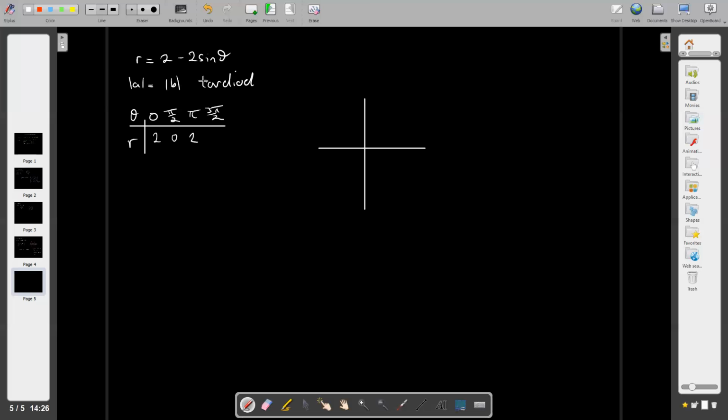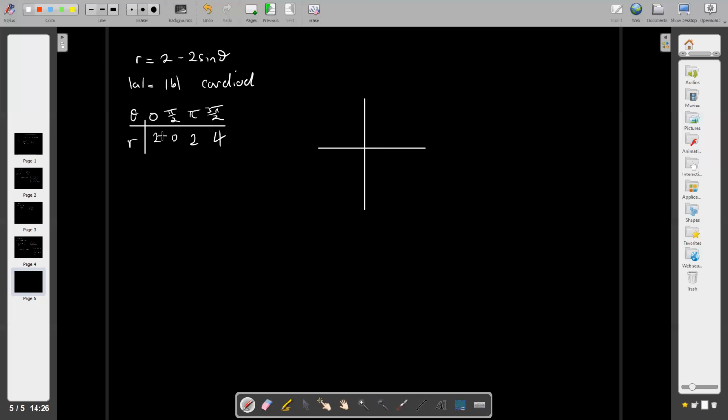And finally, sine of 3 pi on 2 is negative 1, so that's 2 subtract negative 2, which is 4.